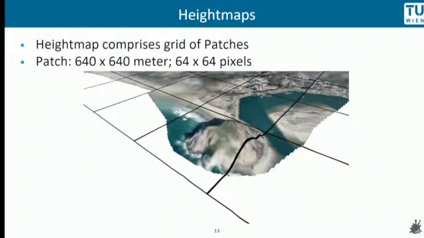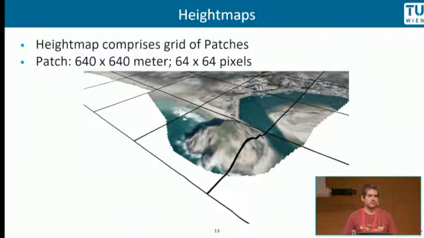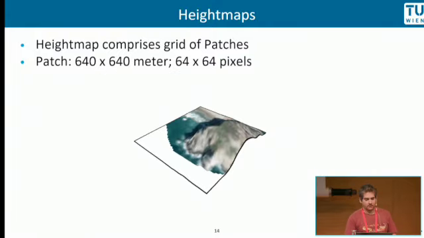To get the whole reconstruction, we split the whole domain into patches. Every patch is 640 by 640 meters. For the processing, we have 64 by 64 pixels, and that's already enough. Let's have a closer look at one of the patches.